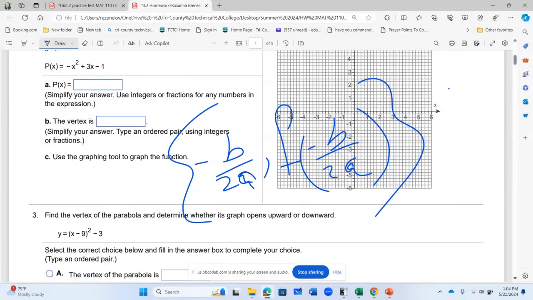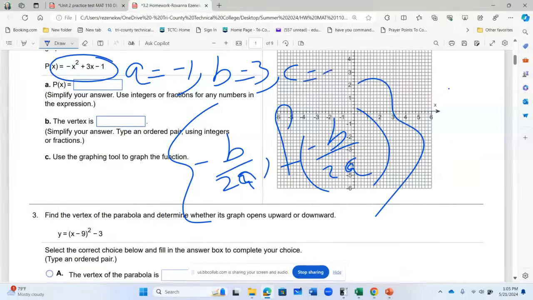So what is b? By the way, when I'm given this quadratic function, what is b? Remember when I wrote the quadratic function, a is the coefficient of the quadratic term, which is -1. b is the coefficient of the linear term, and c is the constant term.